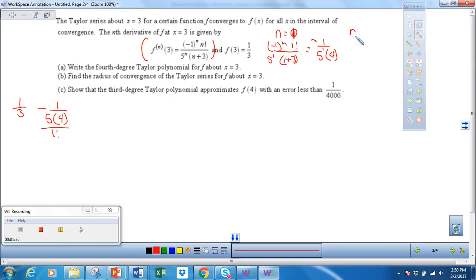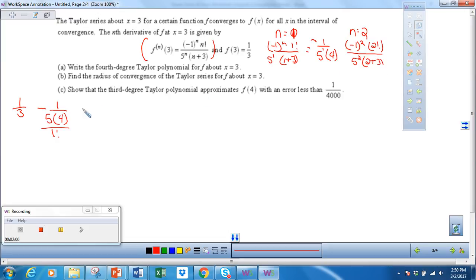So when n is equal to 2, my derivative is -1 squared, so my next term is going to be positive. And then n factorial is 2 factorial over 5 squared times 2 plus 3, which is 5.